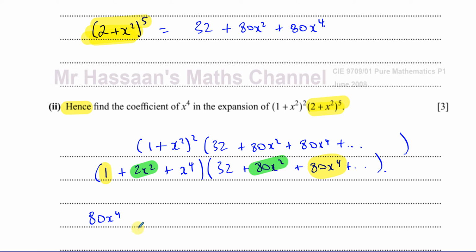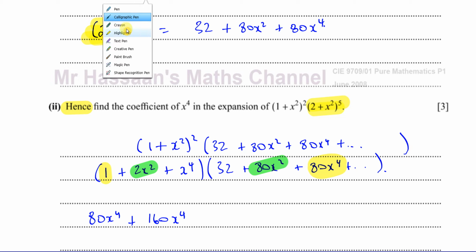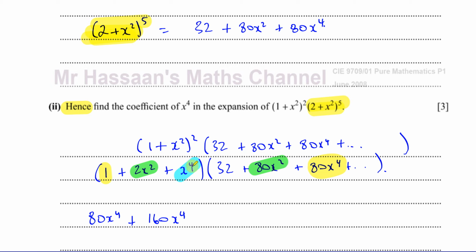So I can say plus 2 times 80, 160, x to the power 4. That will be another x to the power 4 term. And when I multiply this by 32, I'll also get an x to the power 4 term. So I've got 32 x to the power 4.